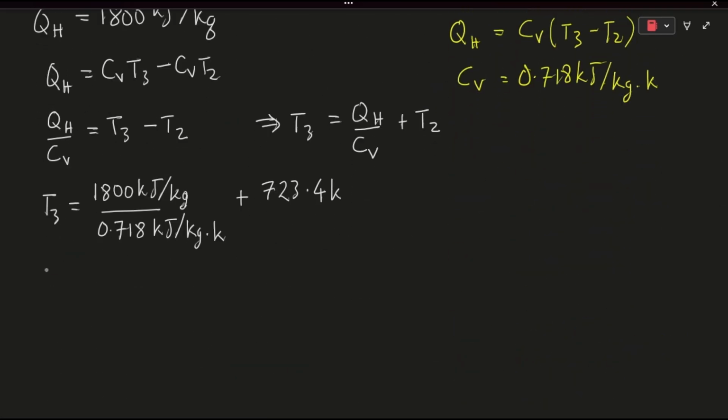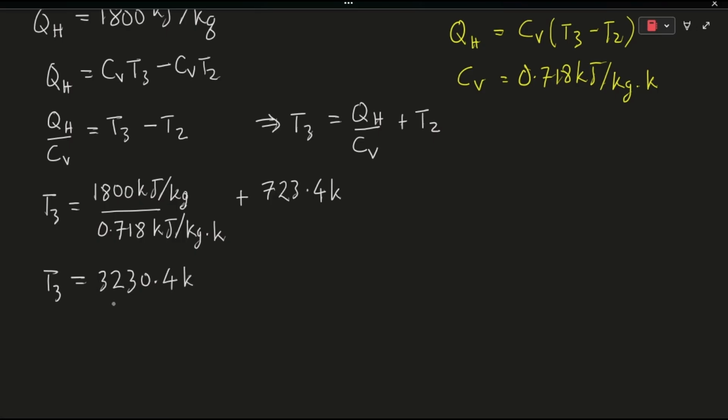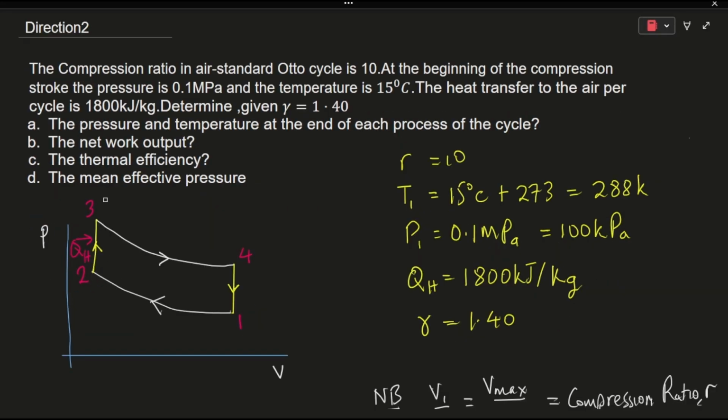So that means T3 will be given as, so T3 is 3230.4 Kelvin. Now, point 2 and point 3 have the same volume because the process 2 to 3 is an isochoric one, also sometimes referred to as an isovolumetric process.